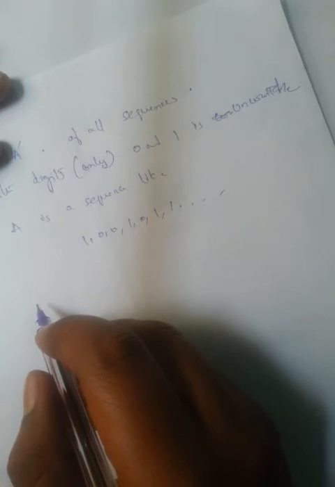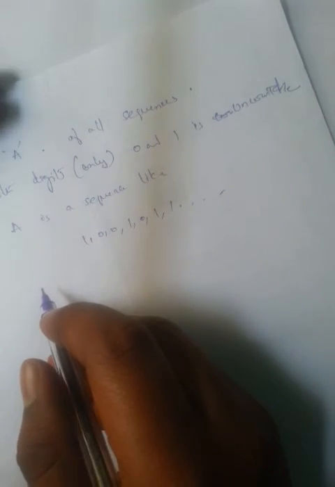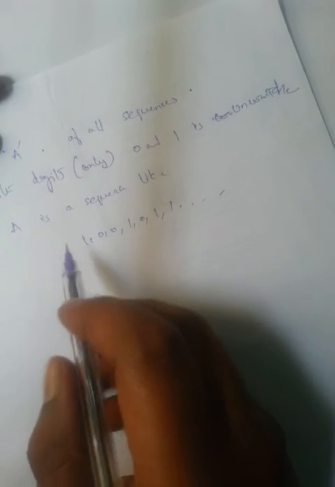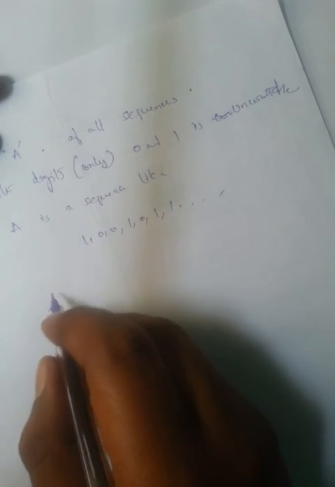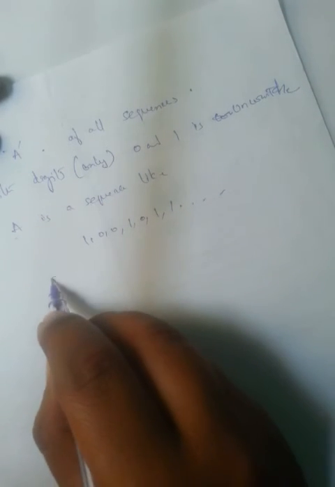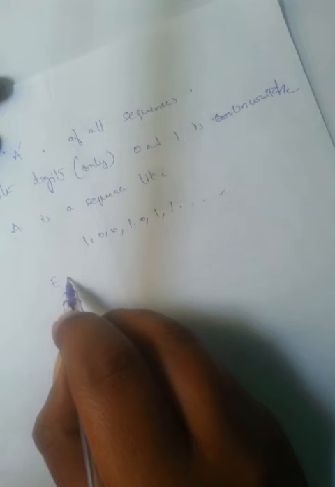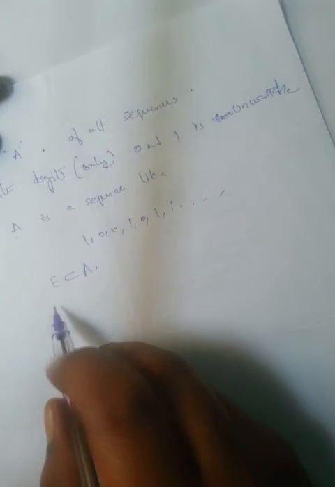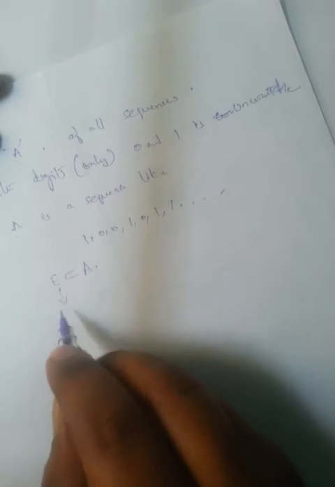Now the same thing that we have to do over here is to construct a subset of A, which we are naming E. E is a subset of A. We are presuming that E is countable.